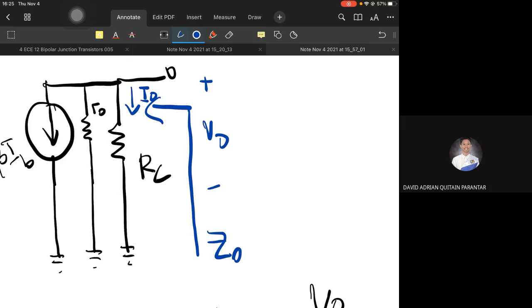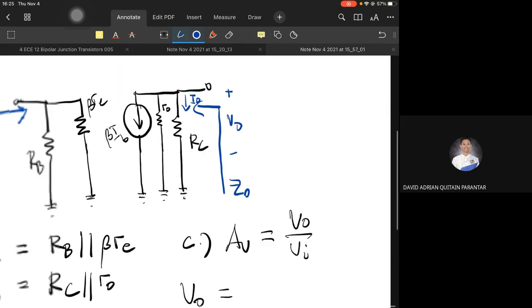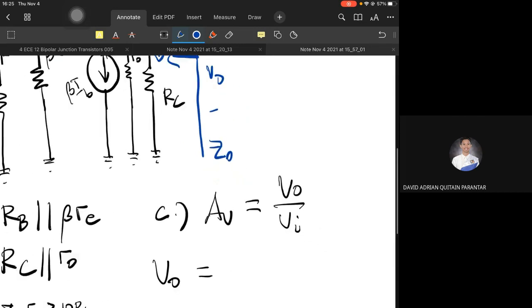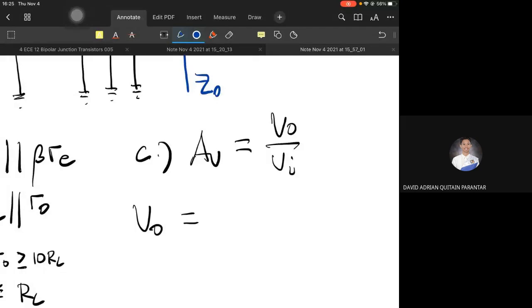But we don't consider only RC, since it's RC and RO. So VO, by Ohm's law, is I times R. VO equals I times R.